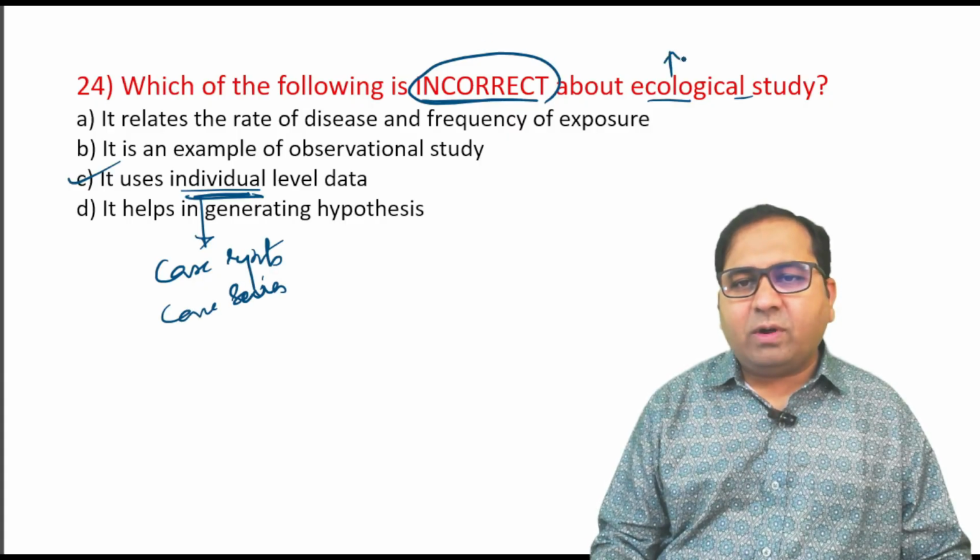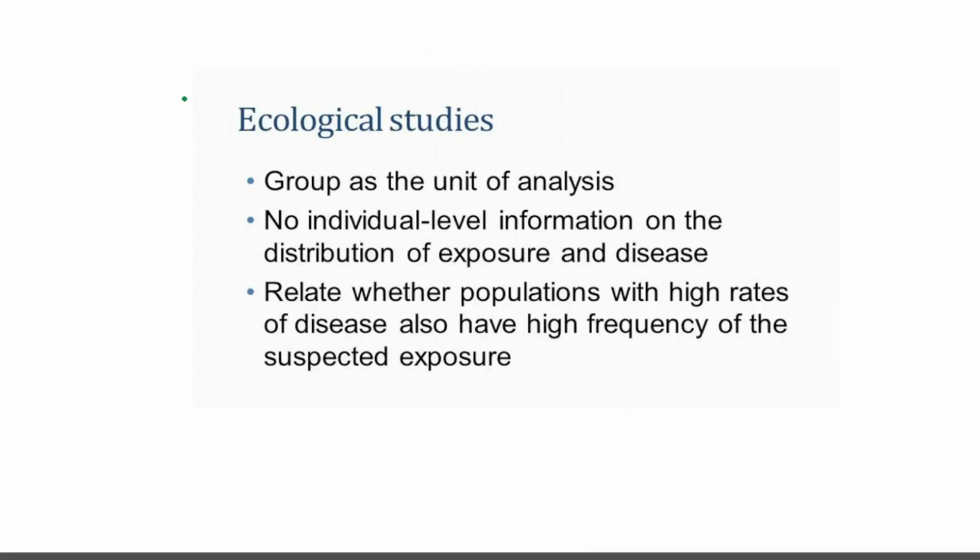For ecological study, what you use? We already spoke, population. Now let us see again few points regarding ecological studies. See this slide. In the ecological studies, the group is taken as the unit of analysis. No single individual level information on distribution of exposure and disease will be taken.